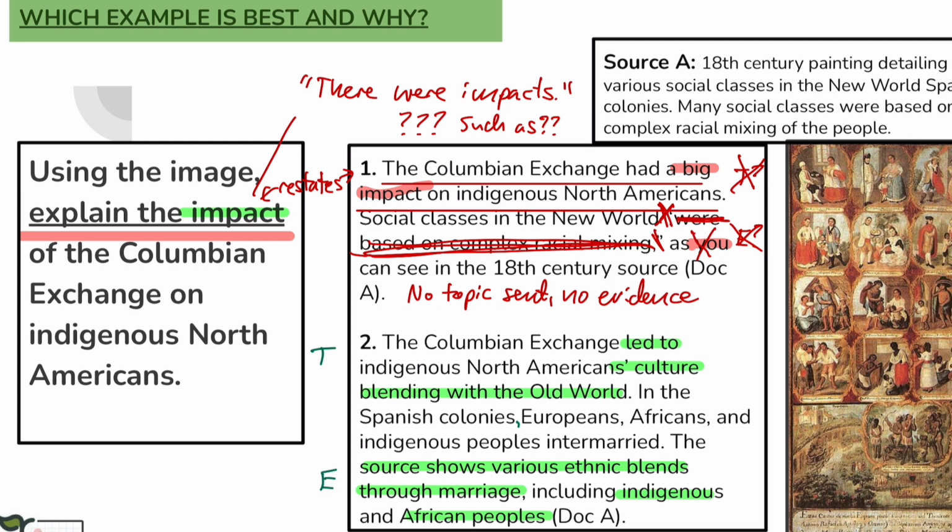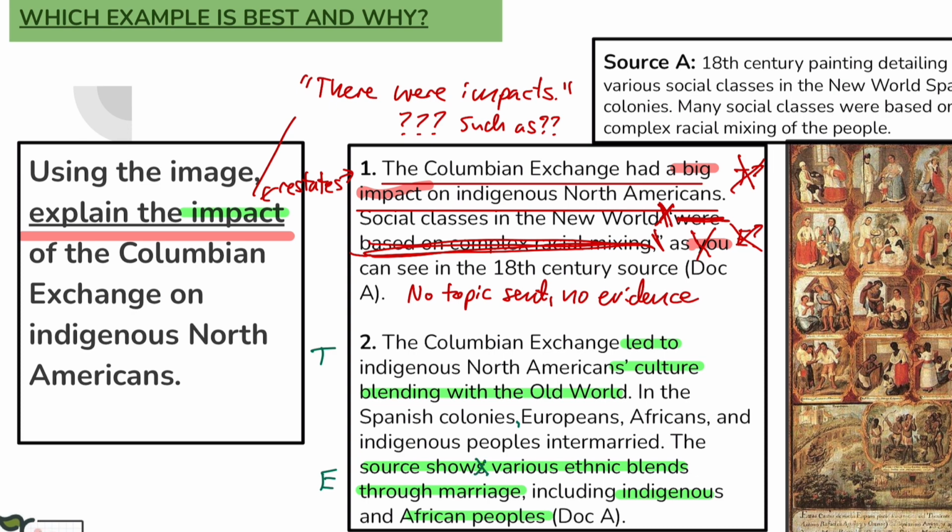So there's some grammar issues here, but again, there's no grammar point on the AP exam rubric. That's on the LAMP rubric. So I would say including indigenous peoples and African peoples, if you want to keep up with parallelism in your sentence syntax or structure. Okay, so does this summarize the document?